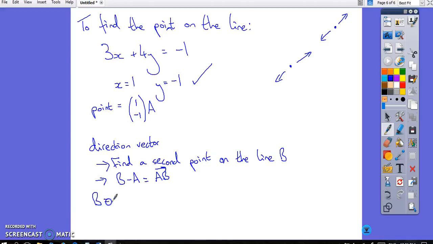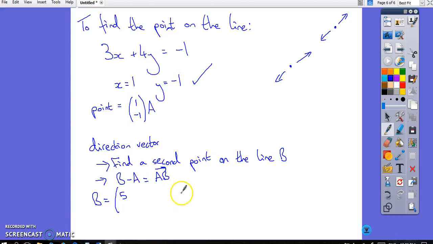So let's say that for B, we could take x as being 2. If x is 2, then that's 6. It doesn't work so well. It would give me a fraction, and I wanted to avoid fractions. Instead, let's take x as being 5.